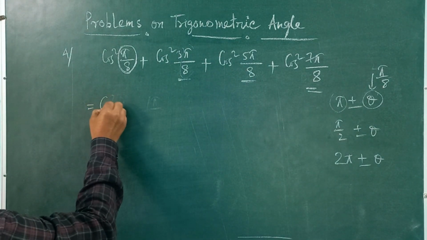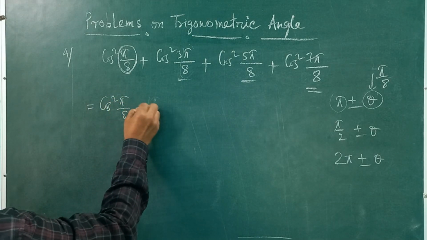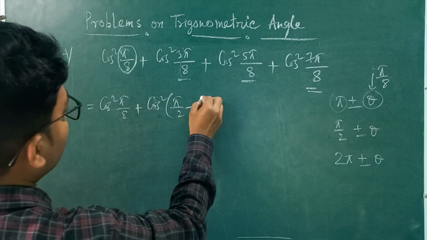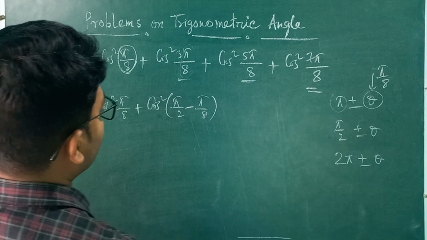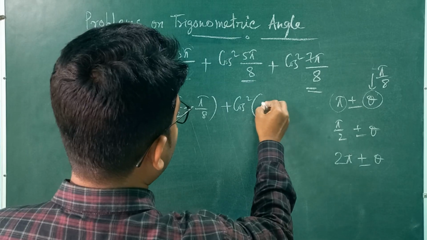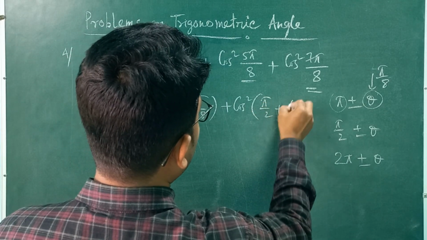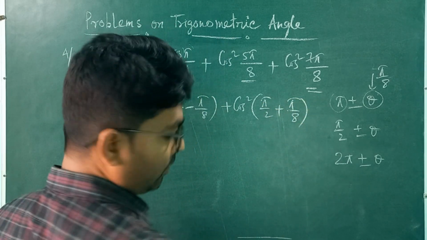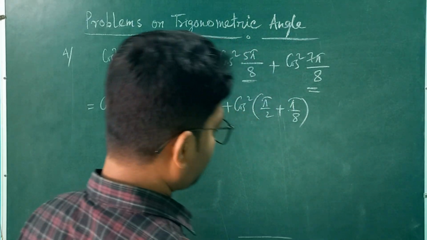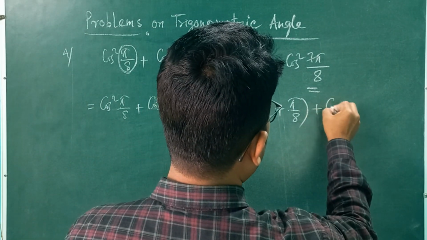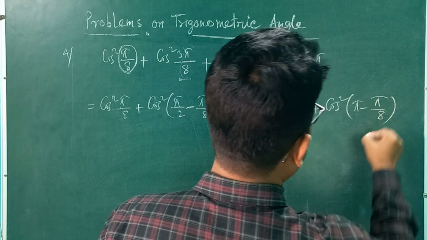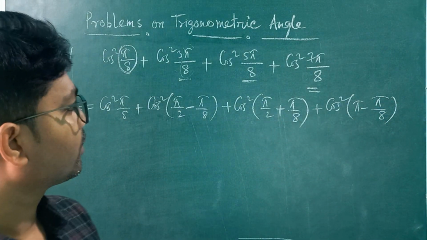This one is equal to cos square pi by 8, cos square pi by 2 minus pi by 8, cos square pi by 2 plus pi by 8, cos square pi minus pi by 8. Clear to everyone?